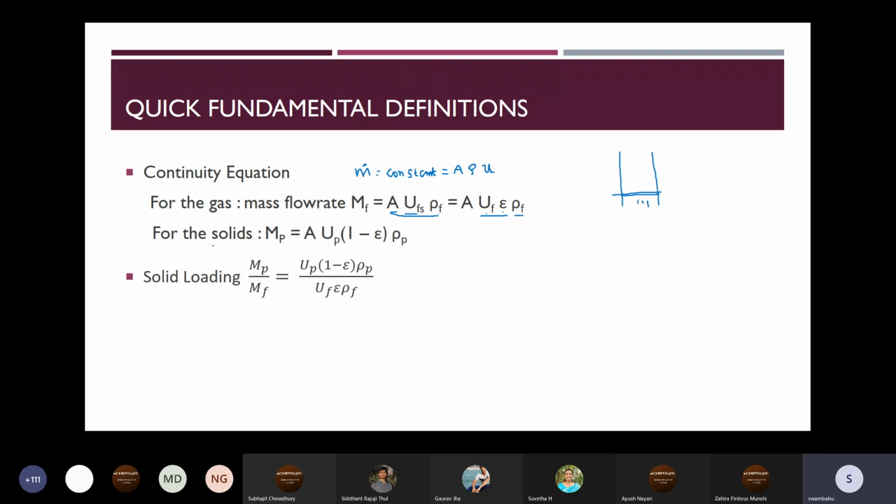Similarly, for the solid, since solids are behaving like a fluid here, we can write the same continuity equation. But these two expressions cannot be used for fluidization.